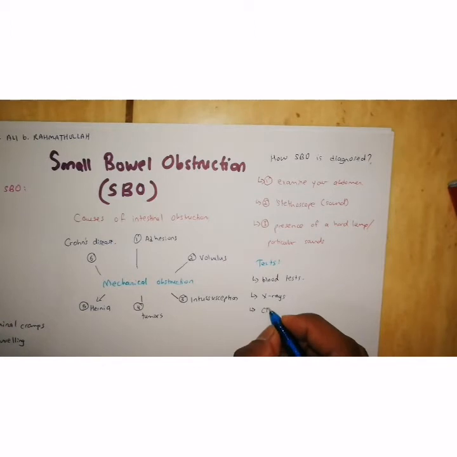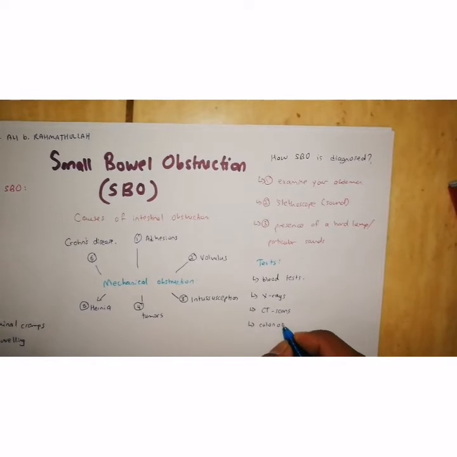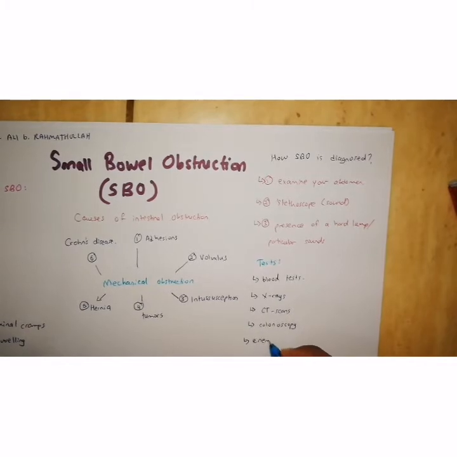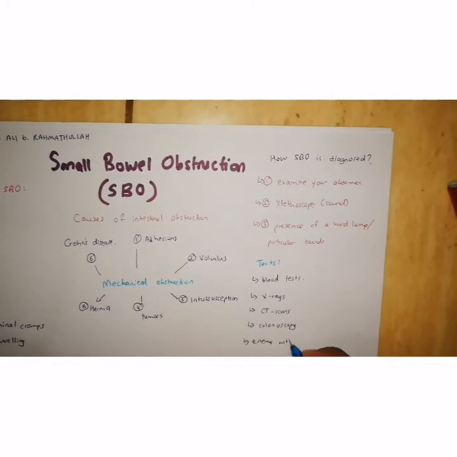Third, some CT scans of your body, some colonoscopy. Okay, this basically is just a flexible tube with light that they will insert inside your colon to see inside. And next, enema with contrast.